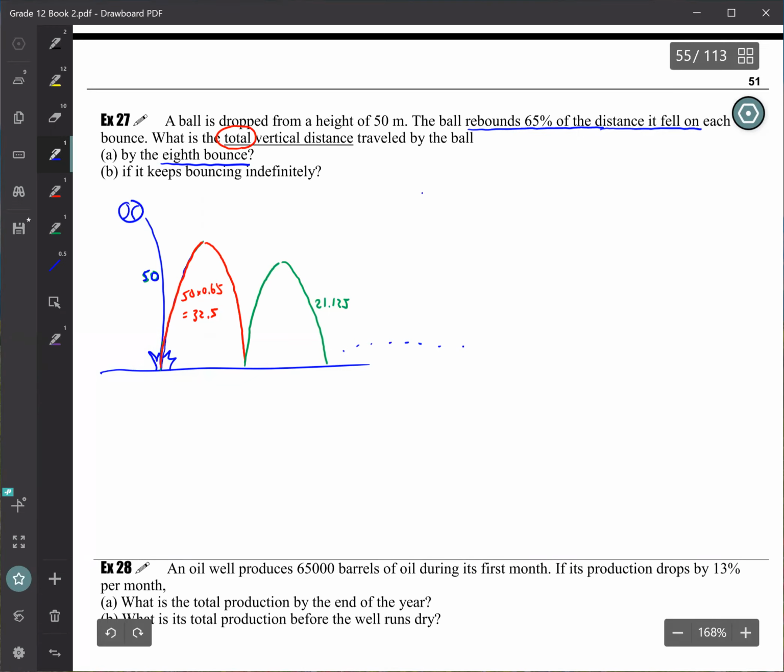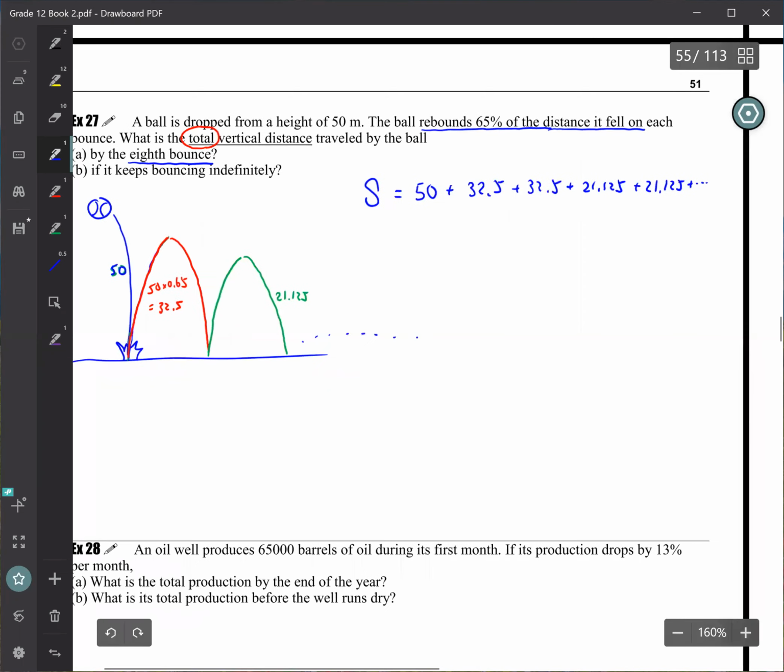So S, the sum, we want to add the 50, the dropping down, and then the 32.5 going up, and then another 32.5 going down, 21.125, another going down 21.125, and so on.